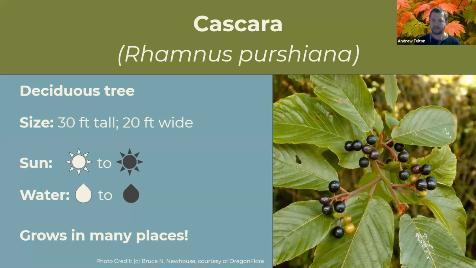It thrives in dry conditions. It can thrive in moist conditions. It does well in full sun or full shade. It's a really adaptable plant that you can put just about anywhere. It gets to be about 30 foot tall, so it can be rather large. But if you are looking for a smaller tree that can fit in an urban lot, Cascara is a great one to consider.